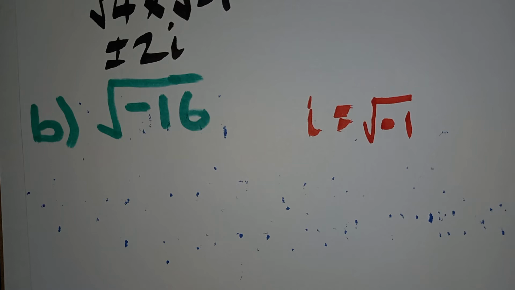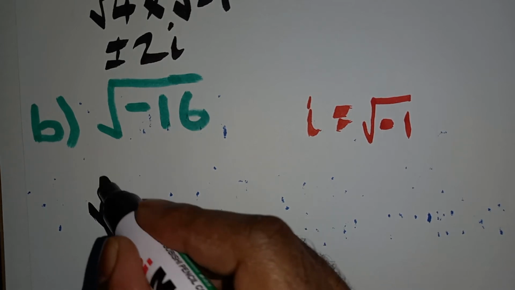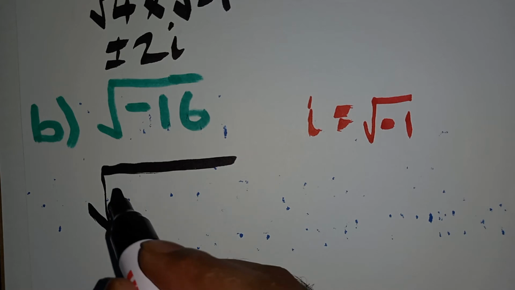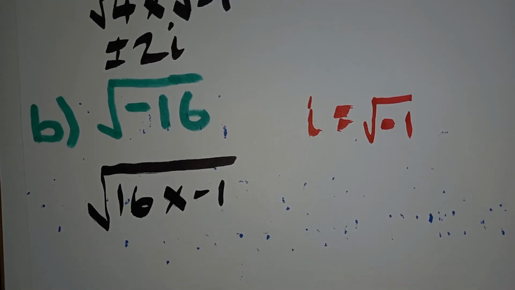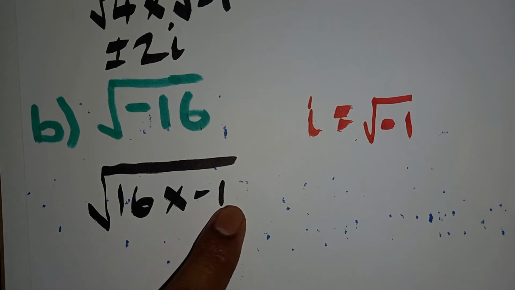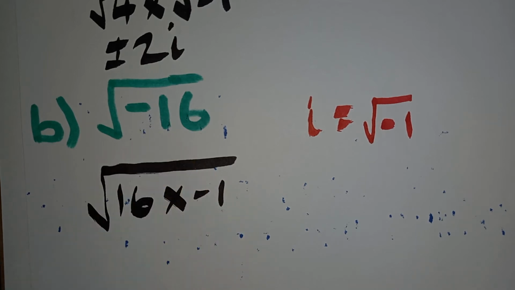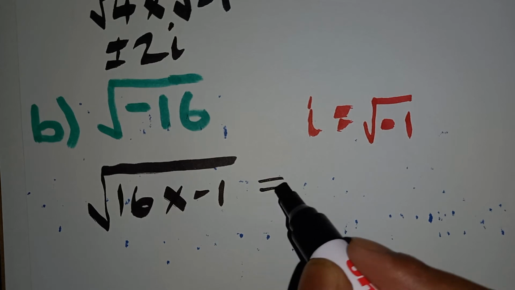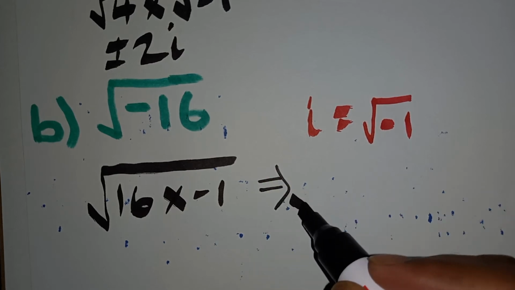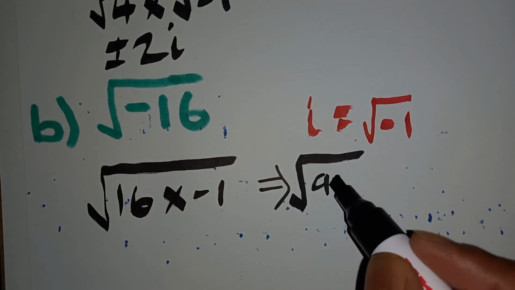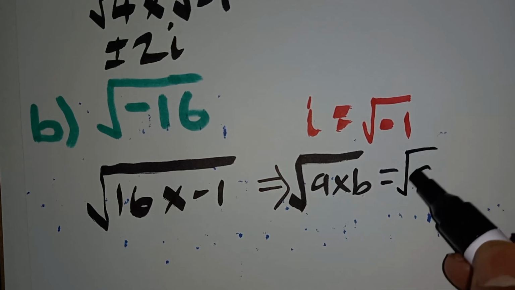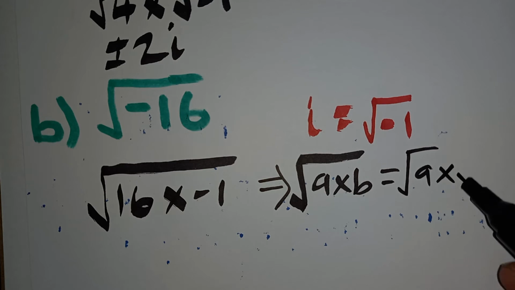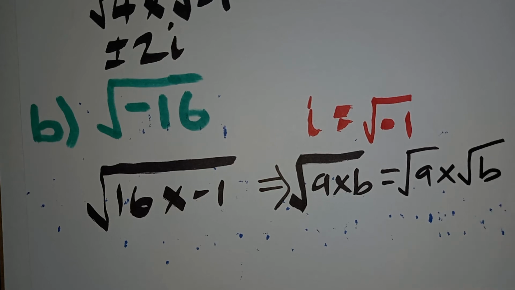Now we can write root of negative 16 as the square root of 16 times negative 1. 16 times negative 1 will give me negative 16, right? Again use the laws of surds, where root of a times b is the same as root of a times root of b.